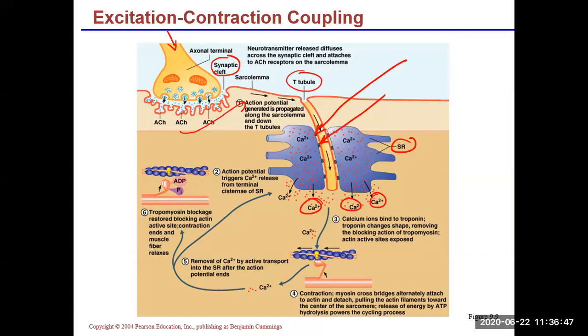Then there is a power stroke, then ATP connects. So basically, the myosin head and the actin are disconnecting, and then after that comes the hydrolysis of ATP, bringing the head back to the high position. And then obviously there is the removal of calcium back into the SR. So eventually this calcium needs to go back.